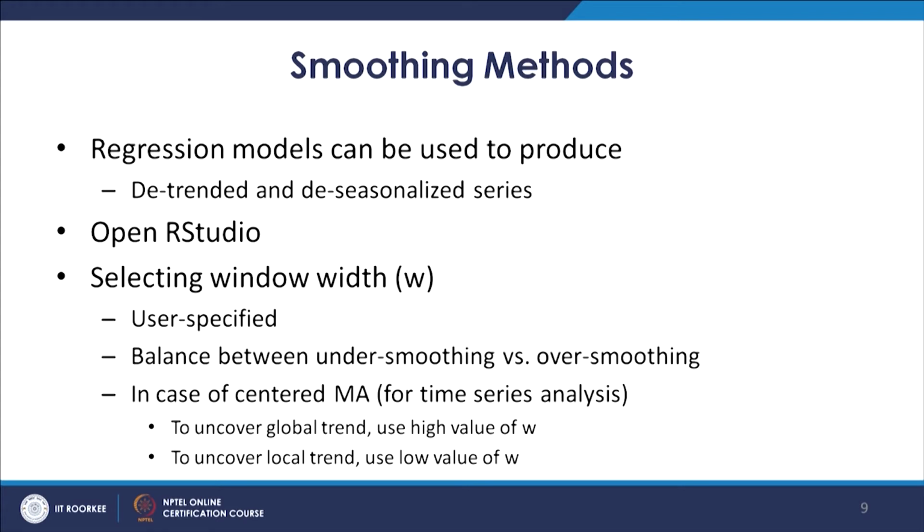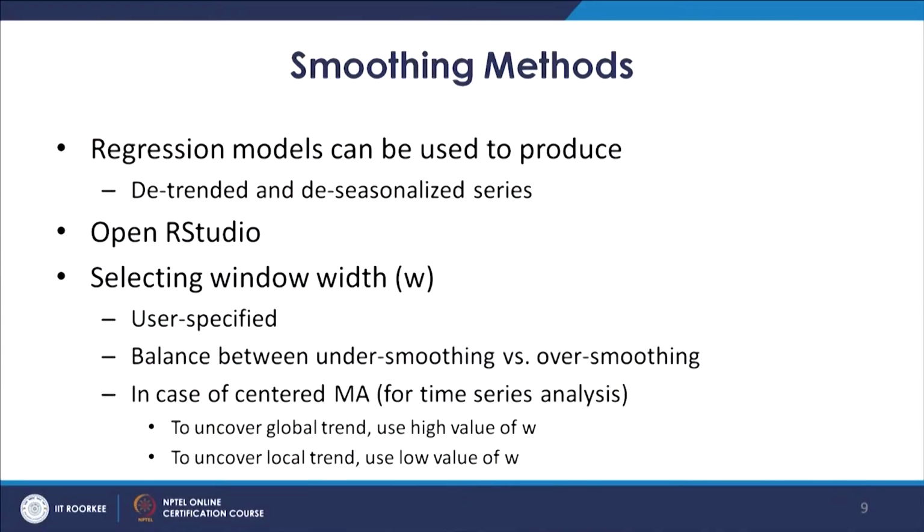We don't want to average out everything, otherwise the averaged series won't have enough information for us to make a forecast. However, we don't want to under smooth the series either, so that the noise is still present and the forecasting performance is quite bad. So the balance between under smoothing and over smoothing has to be struck.